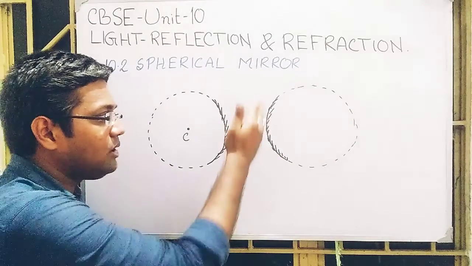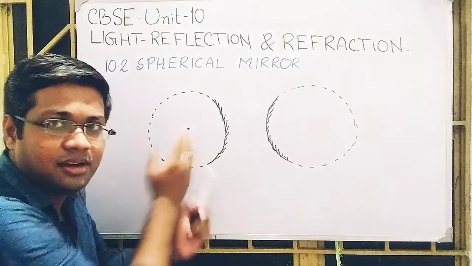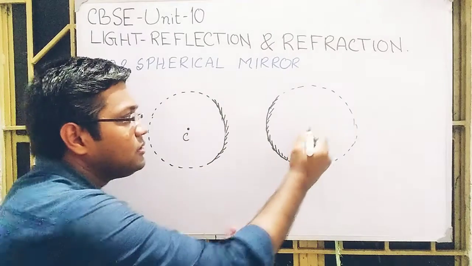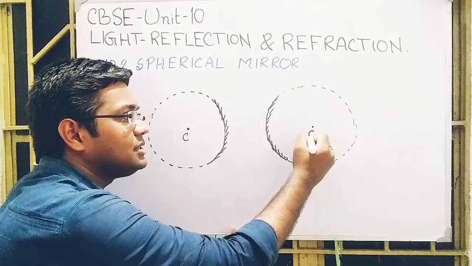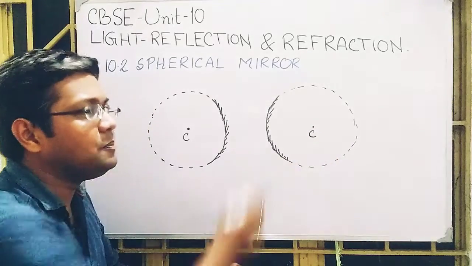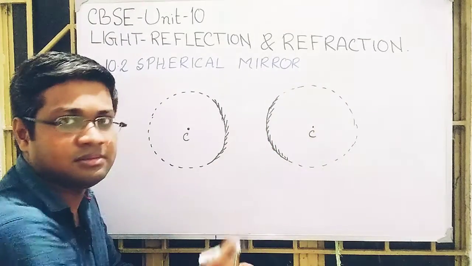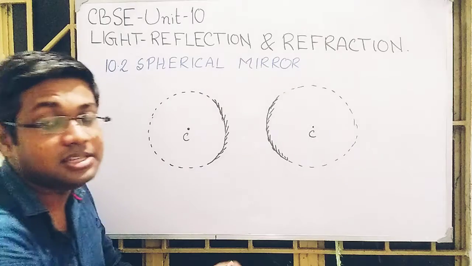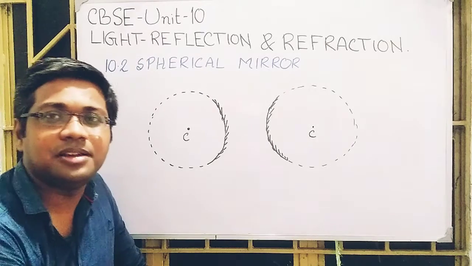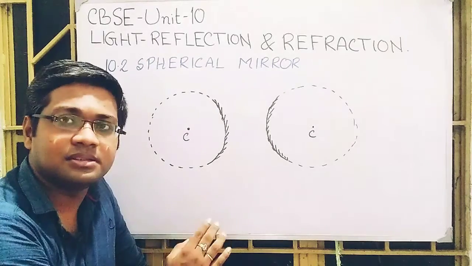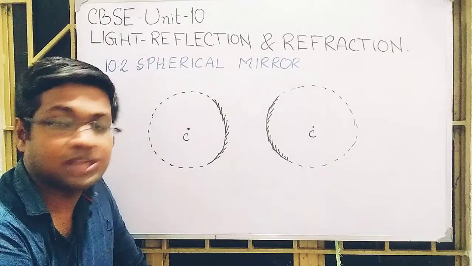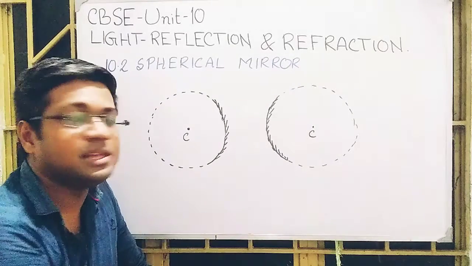So this one is bulged and this one is curving inward. So here also C is the center of that sphere. Actually we do not get these spheres, we get the mirrors, but we can imagine the spheres. That's why I am drawing these things as dotted.